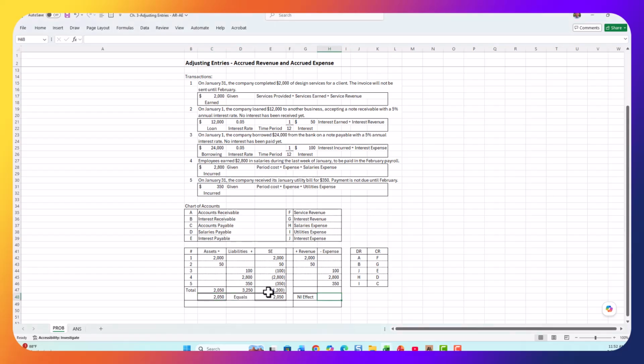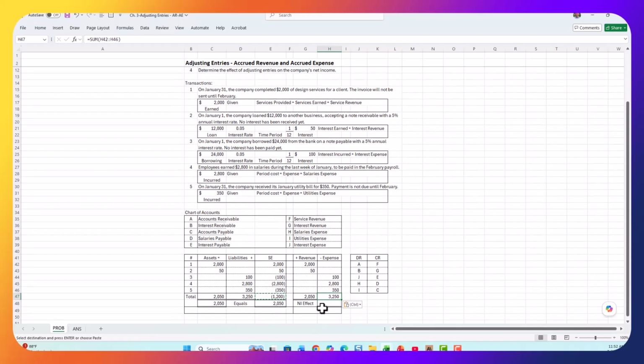Now let's take a look at the total revenue and expense columns. Our revenue totals $2,050. Expenses total $3,250. Revenues minus expenses give us a net income effect of a negative $1,200.